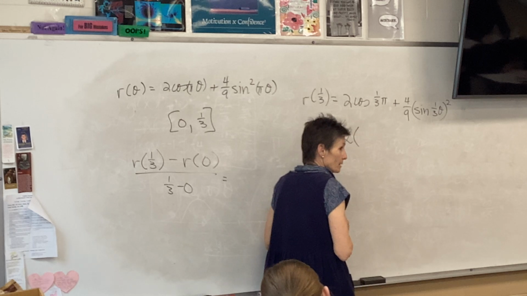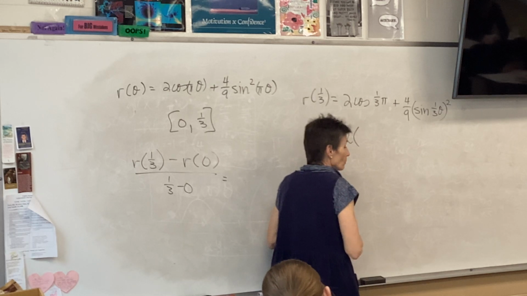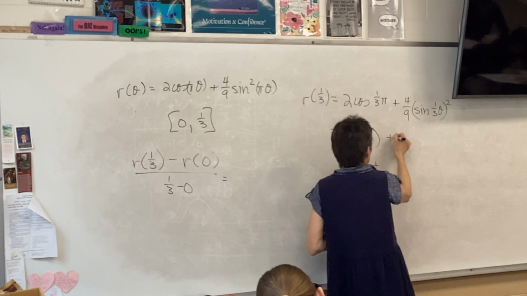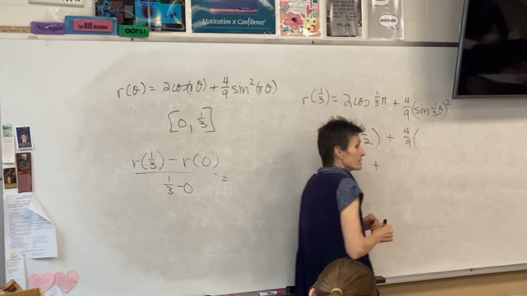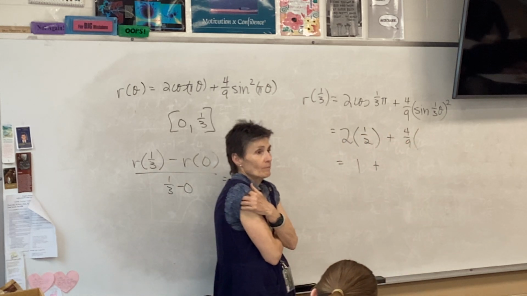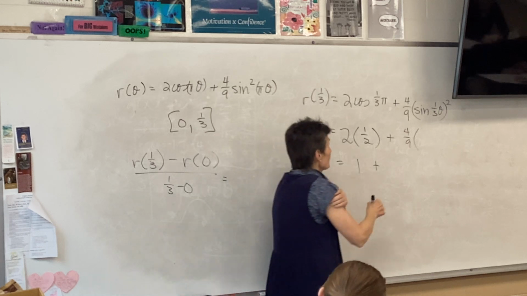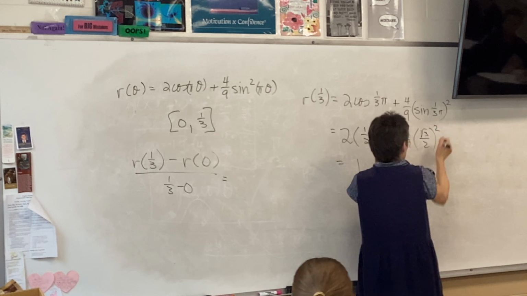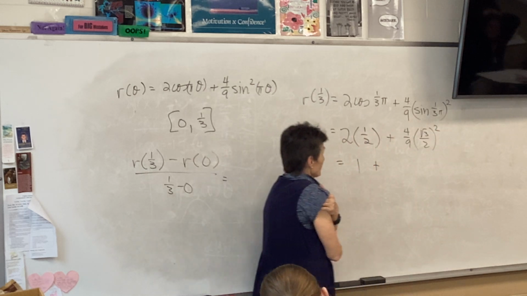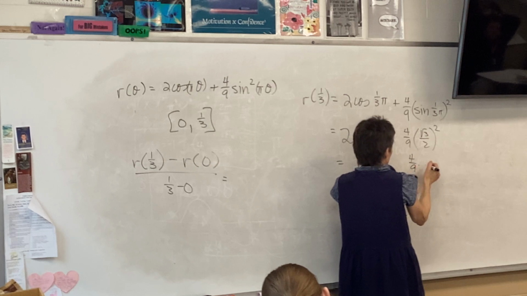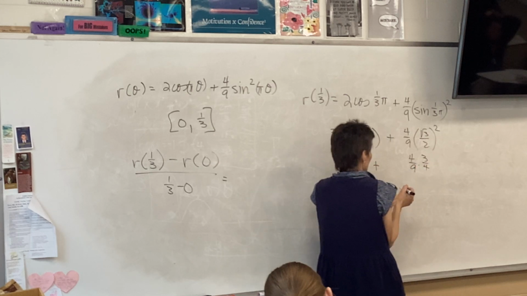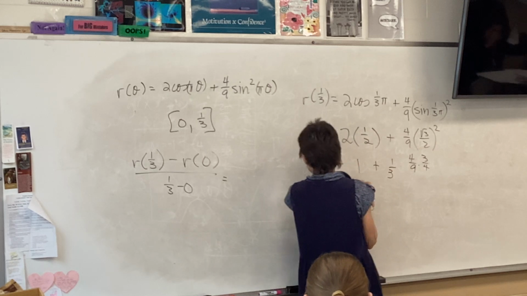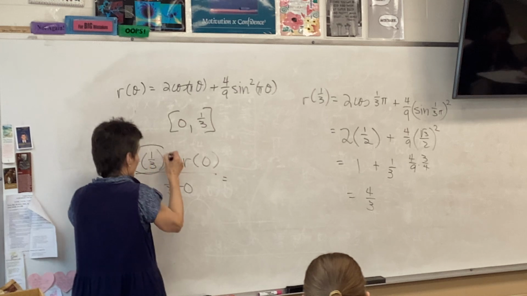Cosine pi over 3 is 1/2, so this is going to be 1 plus. What's the sine of pi over 3? It's √3 over 2, but I have to square that one. 3 over 4. So that's 4/9 times 3 over 4, which is 1/3. So I got 4/3 for this right here.